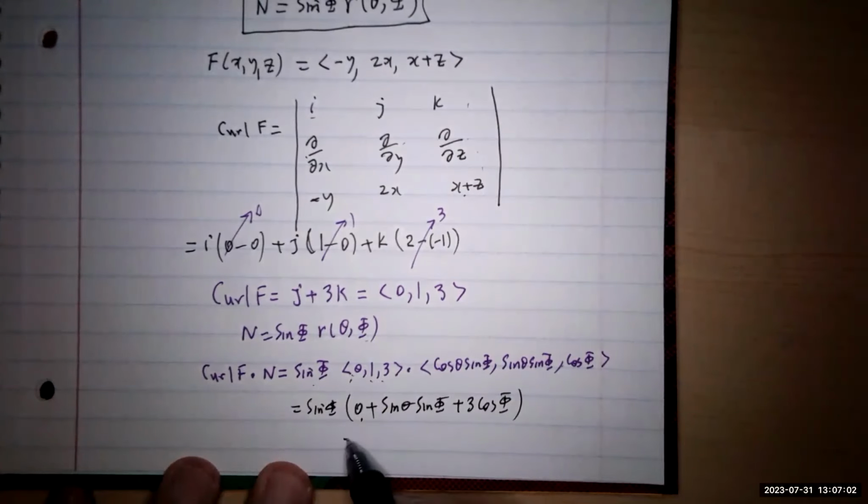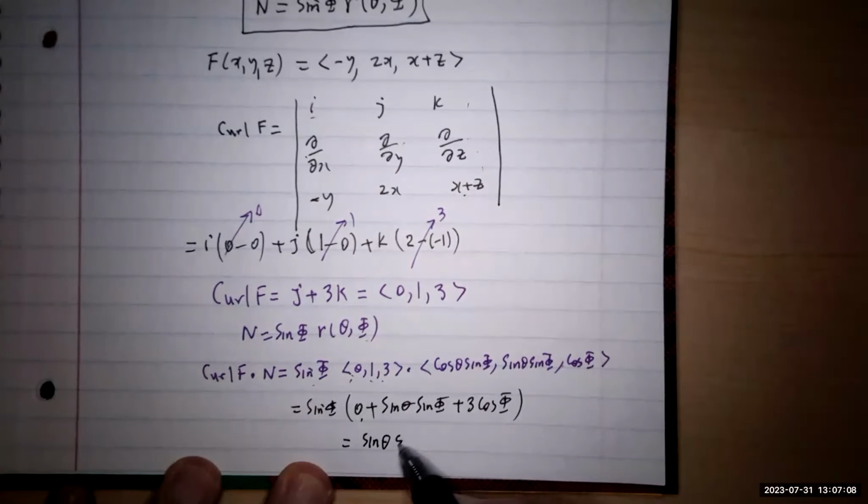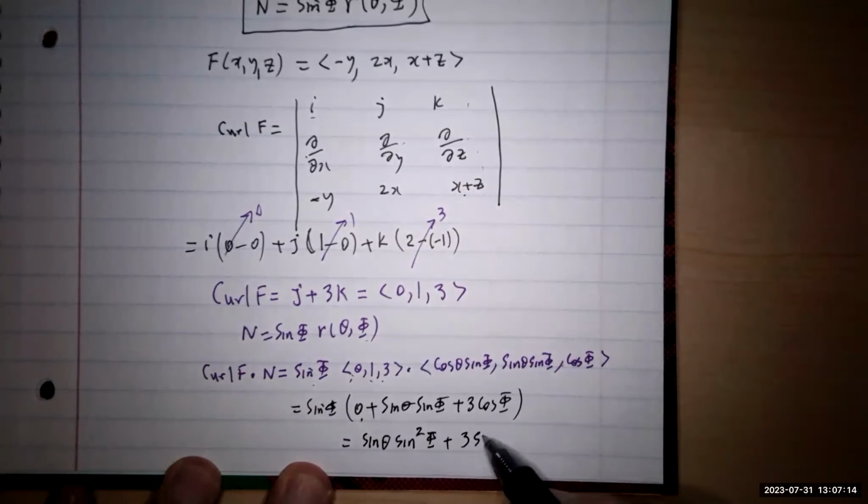So this is going to be equal to sine of theta sine squared of phi, plus 3 sine of phi cosine of phi.